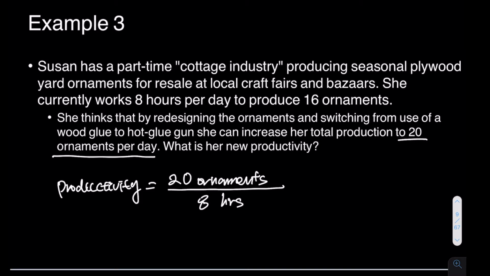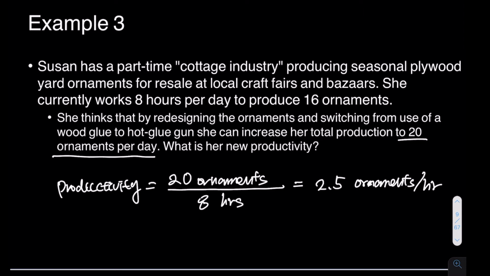So same input, but now output has been increased. So the result is 2.5 ornaments per hour. Previously it was 2, now it's 2.5. So there is a slight increase in productivity.